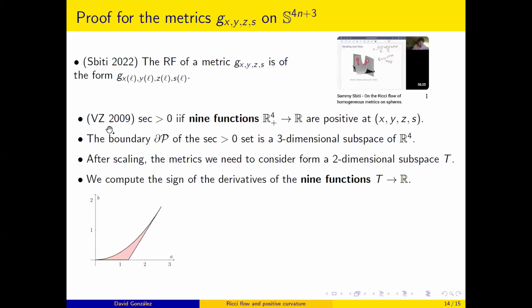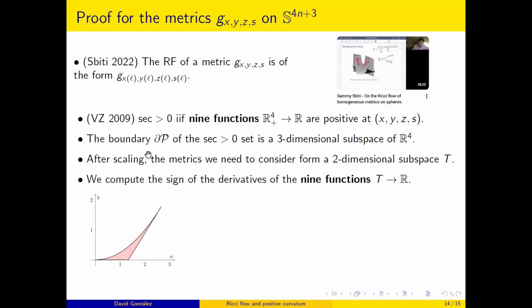After a change of variables, that's why you see A and B instead of X, Y, Z, and S, essentially we are looking at this set. This is the set of metrics, the 2-dimensional set. And we are looking at a lot of functions from this set to R. And we need to determine if they are positive or negative.